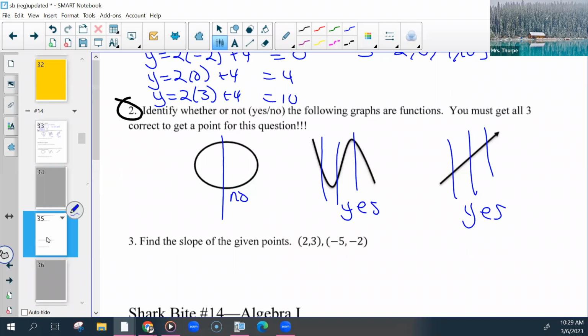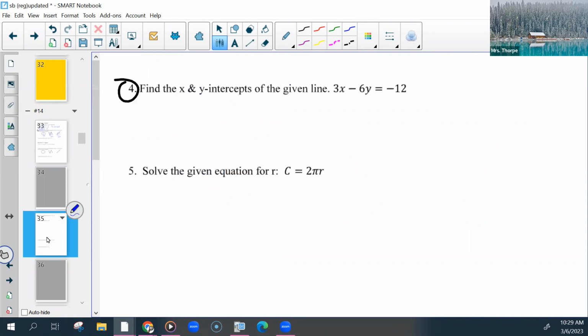And then number 4, to find the x and y intercepts, we are gonna put 0 in for one thing, solve, and then put 0 in for the other thing. So if I put 0 in for x, I would just be left with my y term because this would become 0. And I would solve for y by dividing both sides.